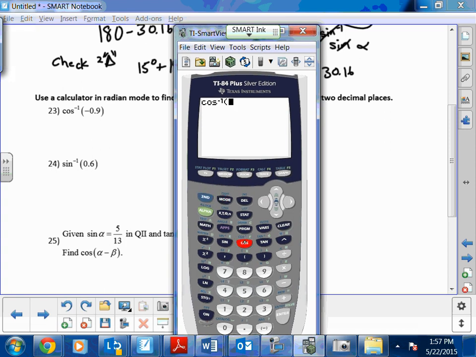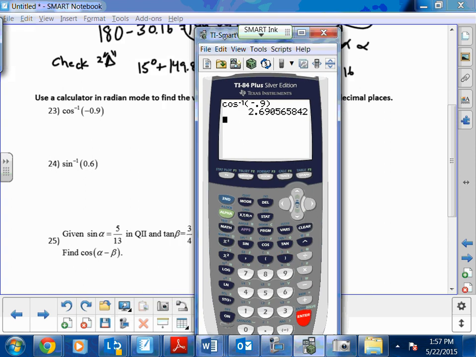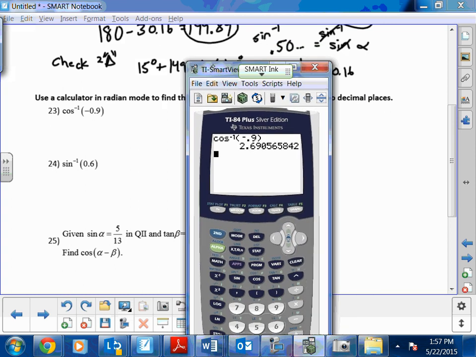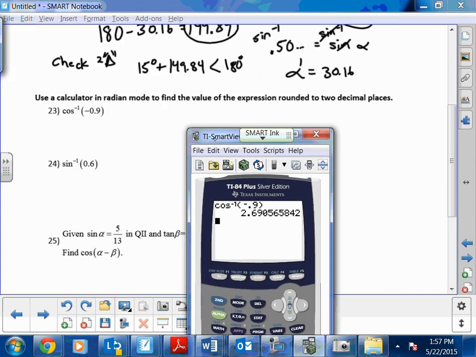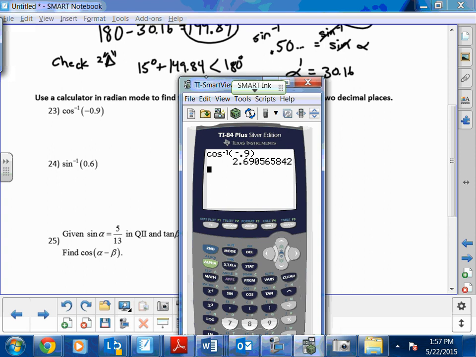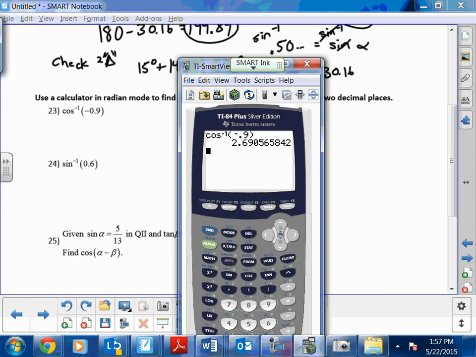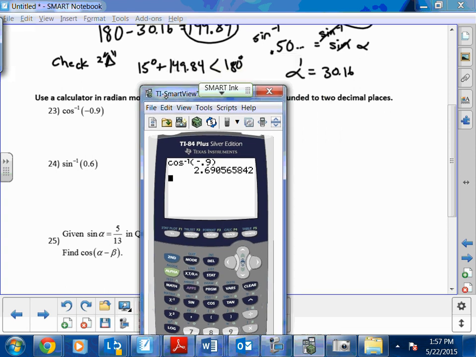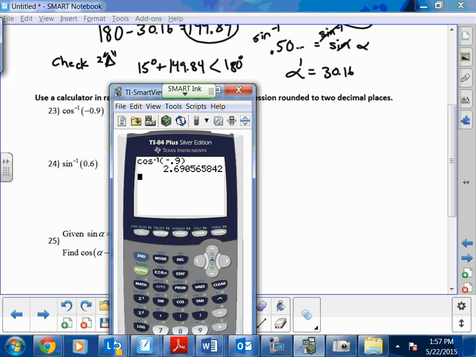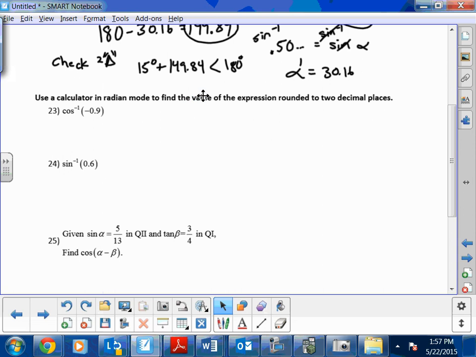Let's find the cosine inverse of negative 0.9. There we go. Just round to whatever it says to do. So there's one of them. Two decimal places. So in this case, 2.69 will be one of my answers. Bring that down and write down our answer.